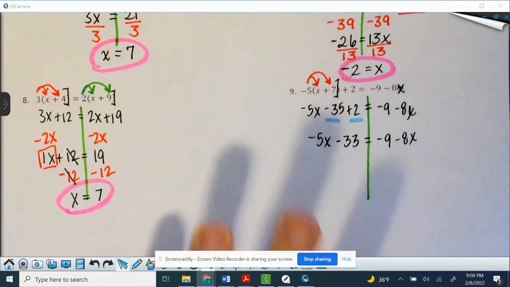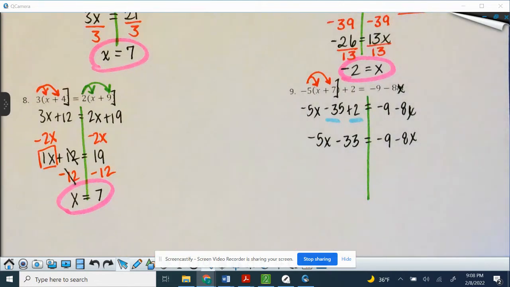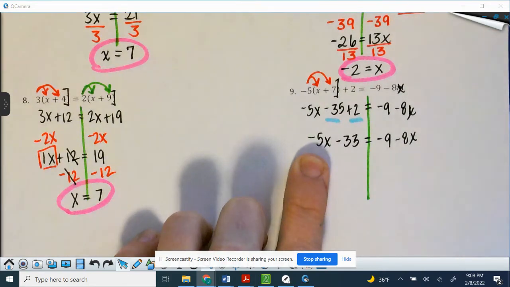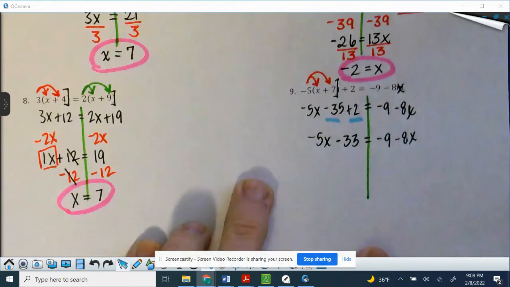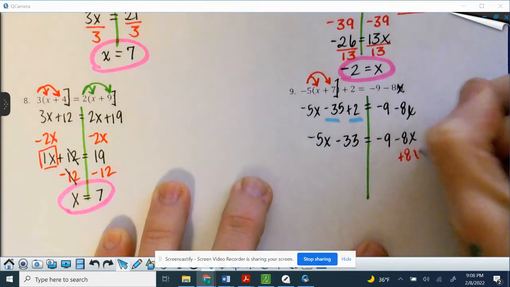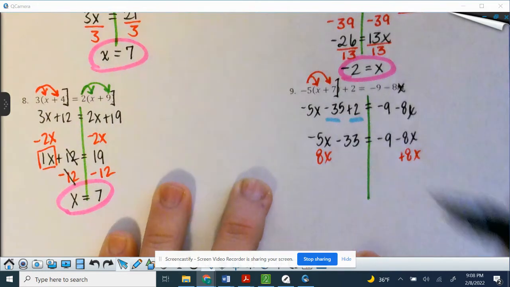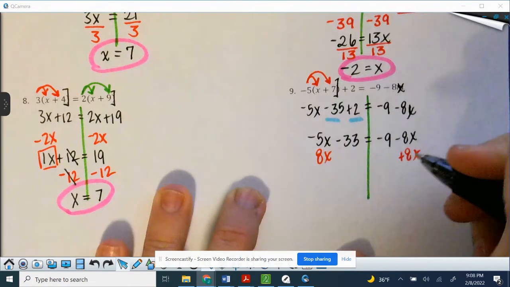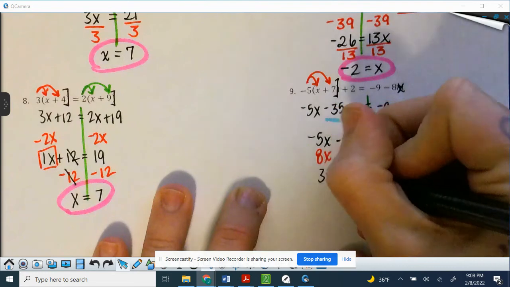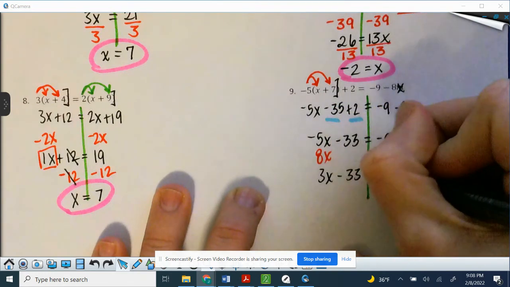We have to decide which side we want our variables versus which side we want our constants. I'm going towards the largest coefficient. So negative 5 is larger than negative 8. So I'm going to add 8x to both sides because that's a negative 8. And that'll give me a positive coefficient on my x. If I owe you 5 and I pay you 8, I'll have 3x minus 33 equals negative 9.